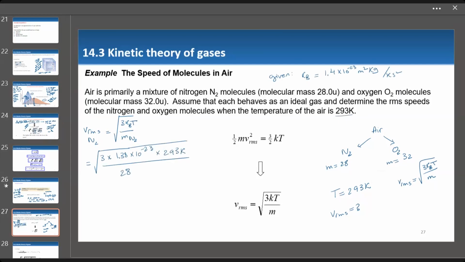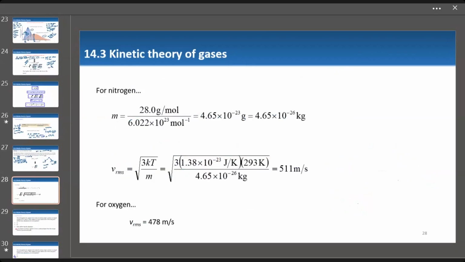By the way, we have to convert this to kilograms. And this should also be given to you. So, I'm going to write it down. 1 u is equal to 1.66 times 10 power minus 27 kilogram. So I'll just multiply by this, and this is our mass. The rest is just calculation.